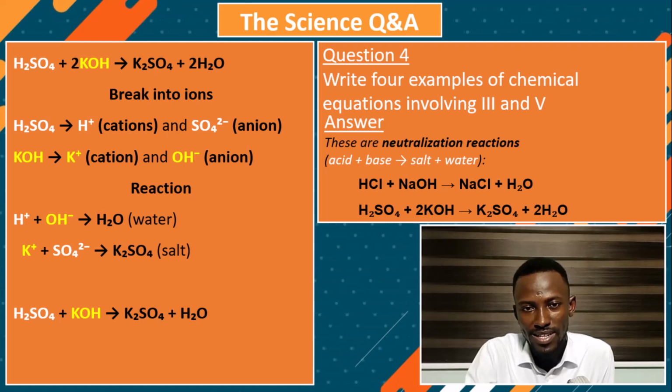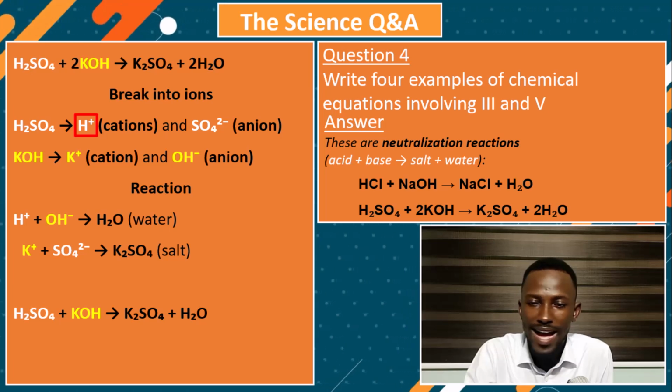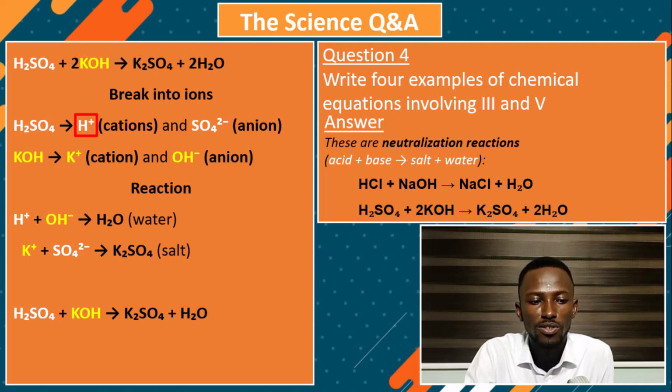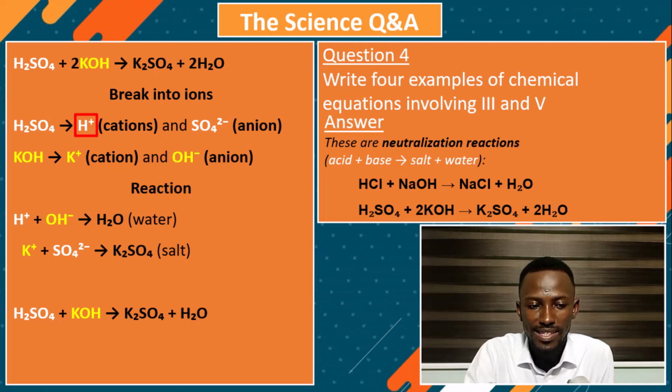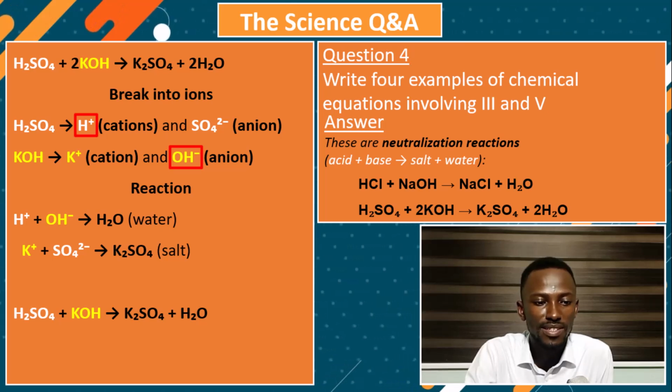And like we did in the previous one, the cation from the acid, H plus, will bond with the anion from the base, OH minus.